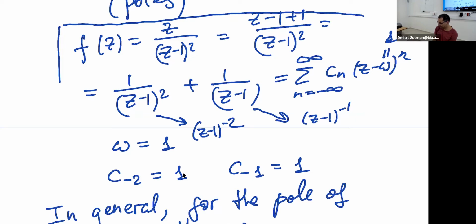So I identified that the Laurent expansion of this function consists of two terms. One corresponds to n equal to minus 1 and the other to n equal to minus 2, and they come with coefficients 1.